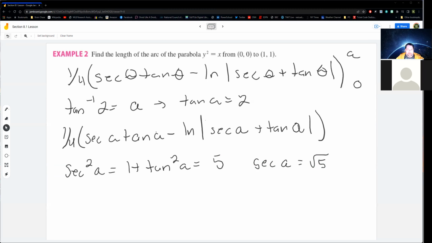Wait, what? Oh, okay, that makes sense, because remember, tangent of A is 2, so tangent squared of A is 4. So this is 2 square root of 5 minus ln of positive square root of 5 plus 2.